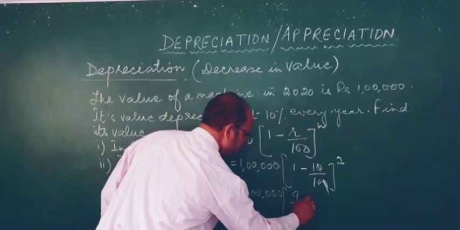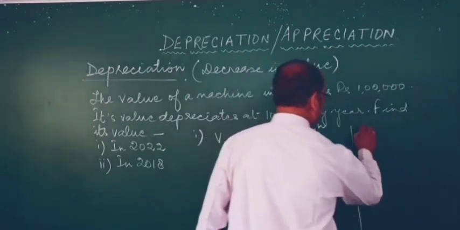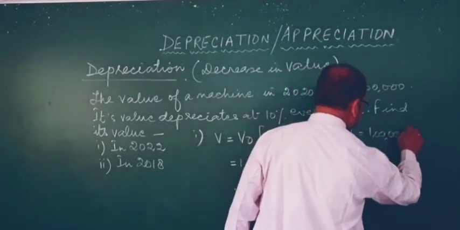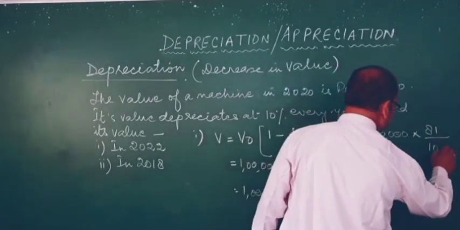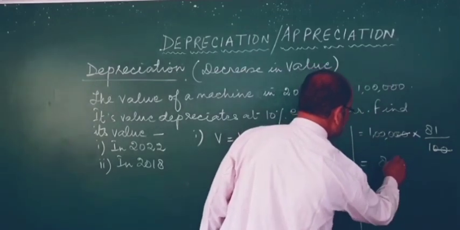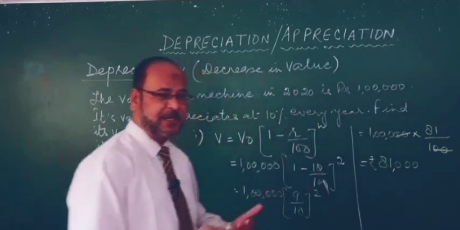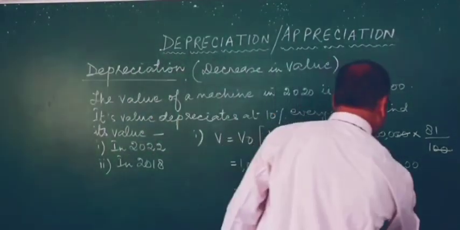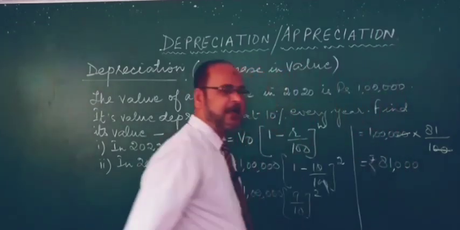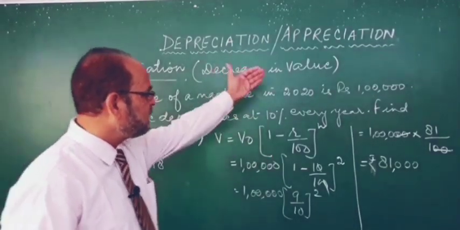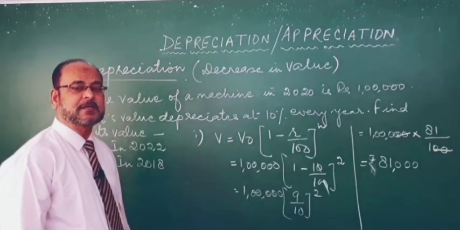This will be 9 upon 10 power 2. 1 lakh into 9 square is 81 and 10 square is 100. These two zeros will be cancelled out. So it is 81,000, because the value is depreciating. So after 2 years, its value will be less than the present value. So after 2 years, its value will be rupees 81,000.